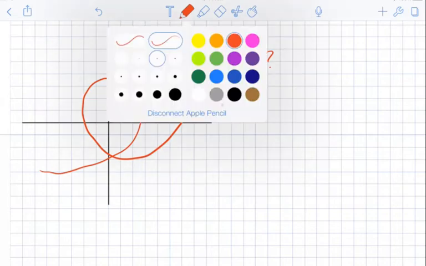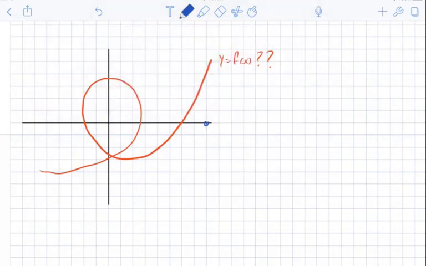Well, the answer could be yes for some values, like that one. 1, 2, 3, 4, 5, 6, 7. X is equal to 7. Y is equal to, what is that, 4? So yeah, it looks like for this point, you can use it as a function.